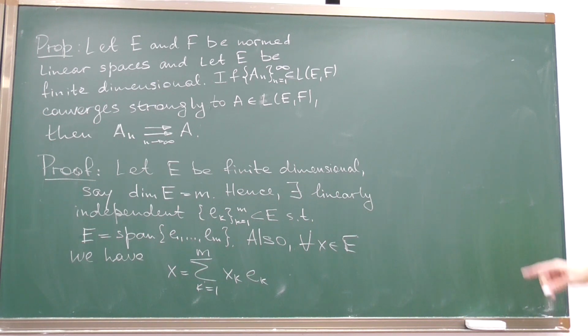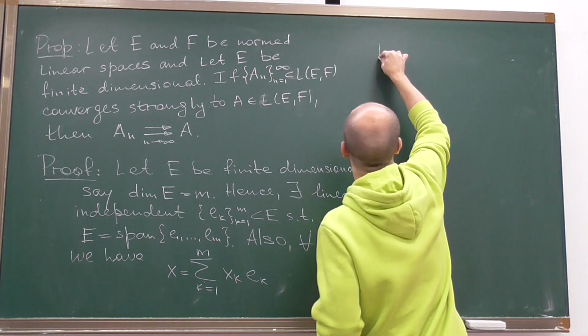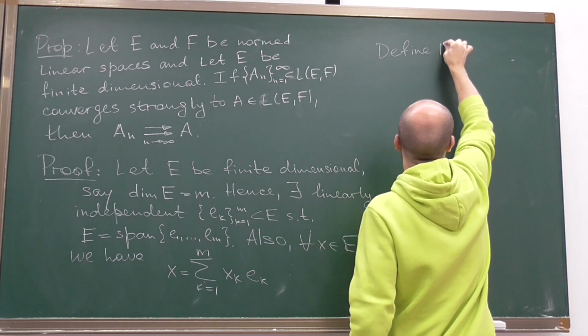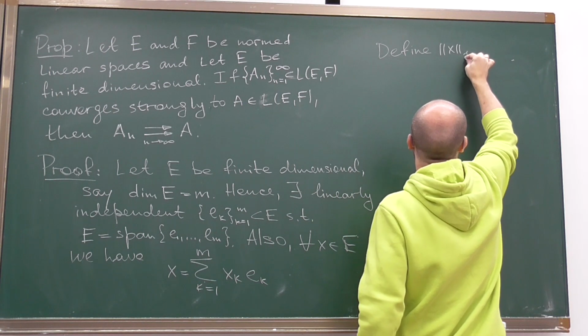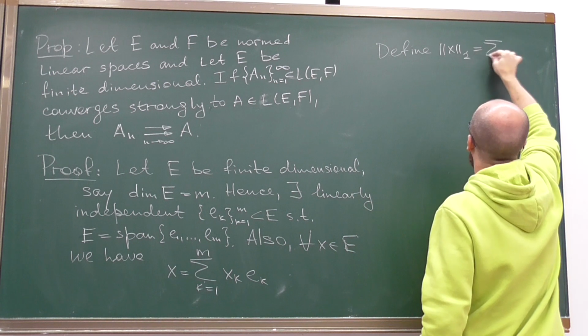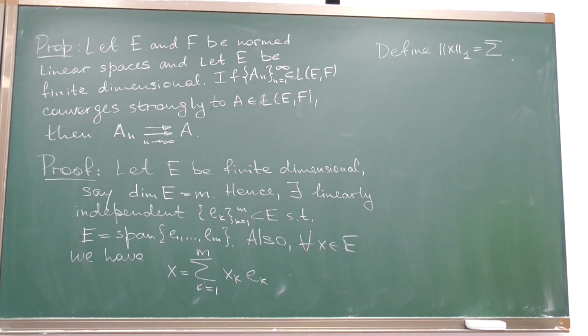And now, using these coordinates of x, let us define a new norm on the space E, which will be the one norm.